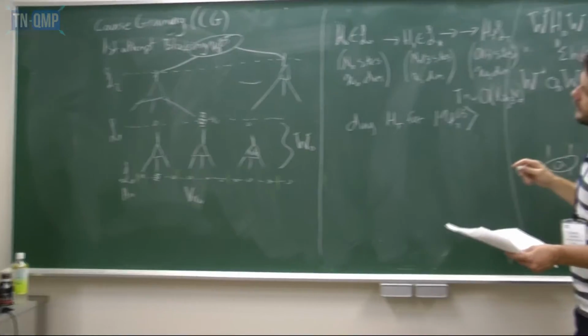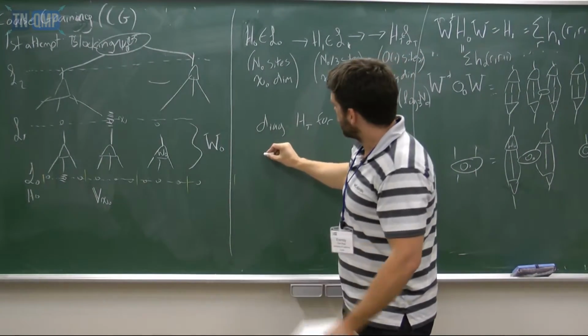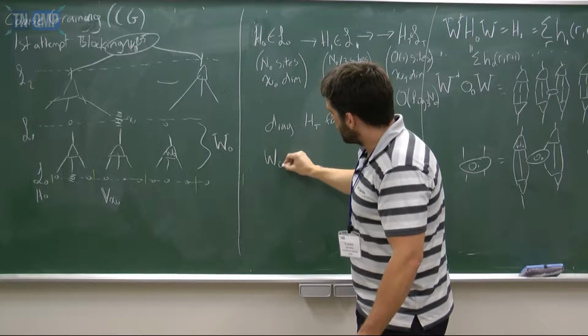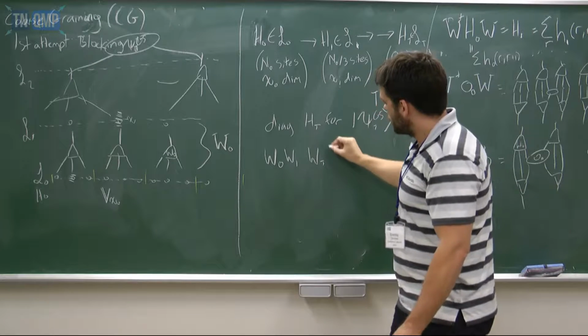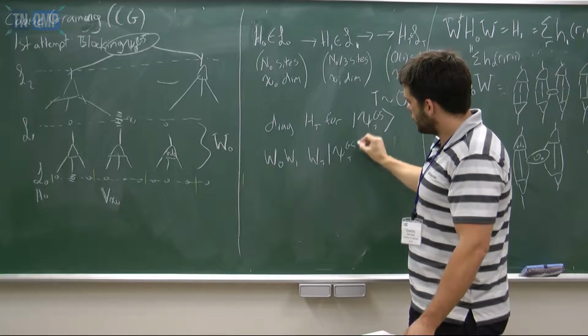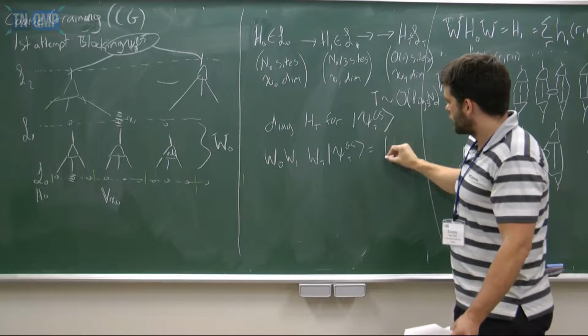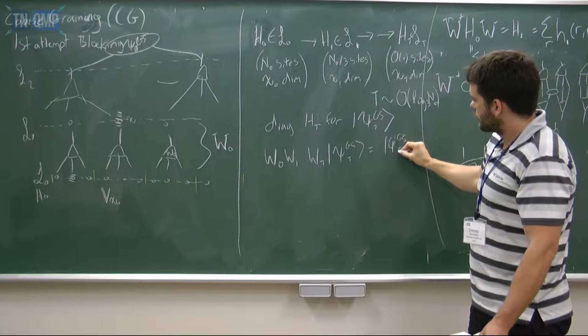So the first thing we should realize is that this W0, W1, WT acting on phi GST equals, let's call this phi GS naught.